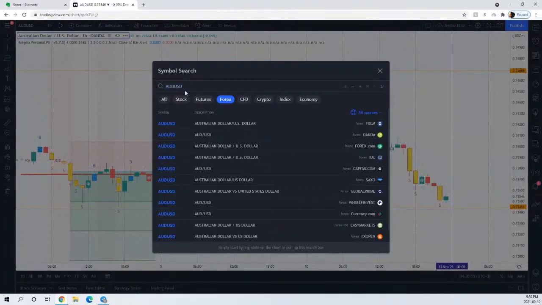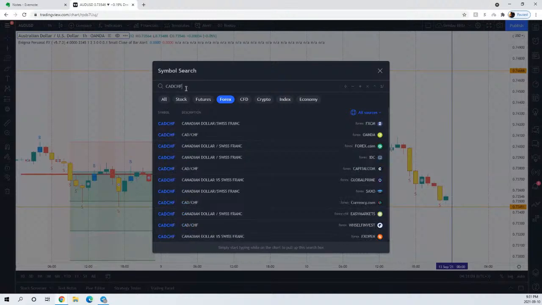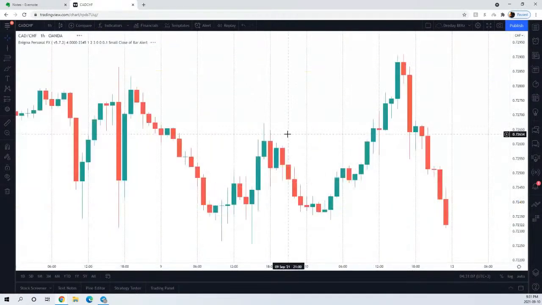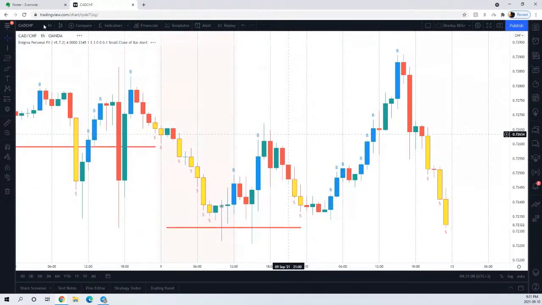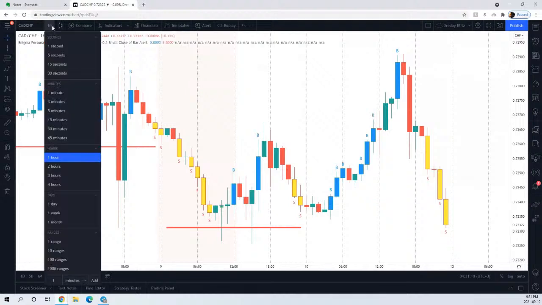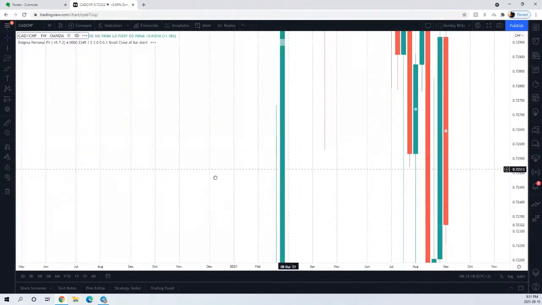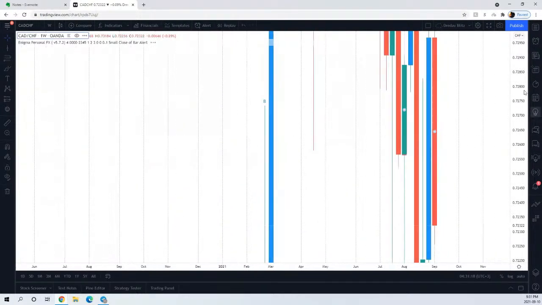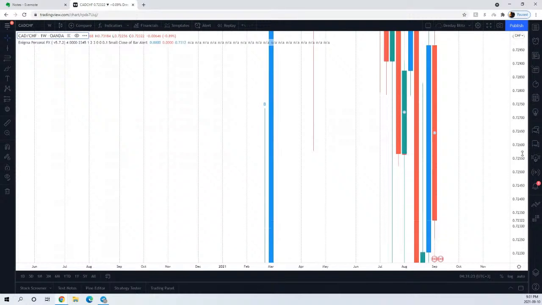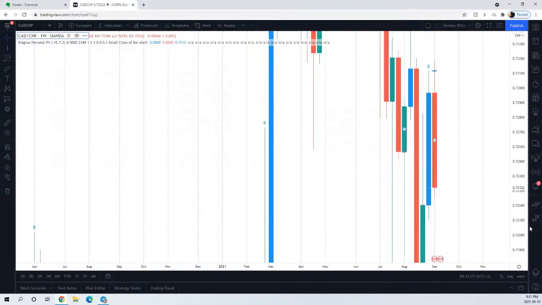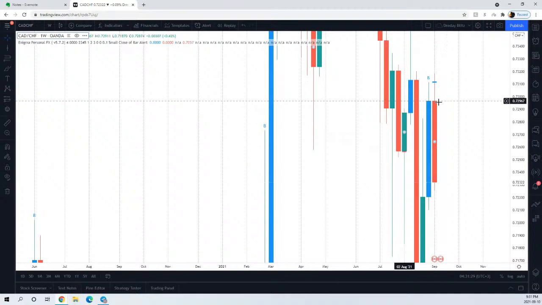Again, go to CAD CHF. Now always work with the Oanda. I think its data is better overall. And go back on the weekly. Perfect. So we said sell for the week for CAD.